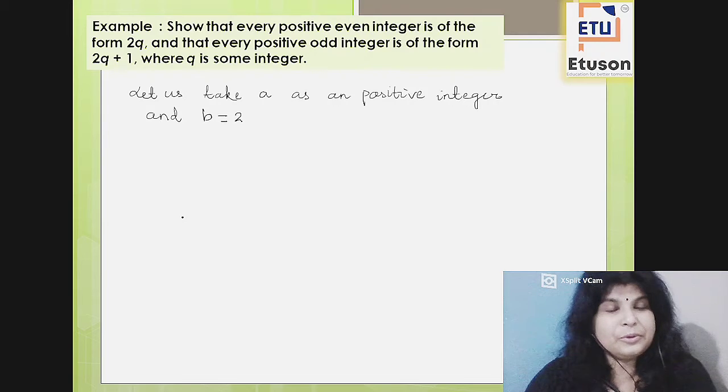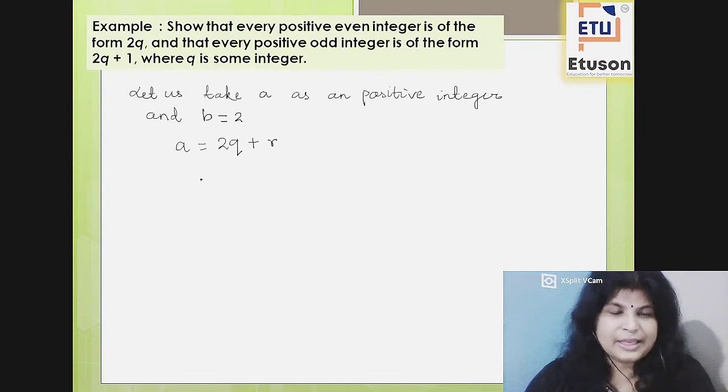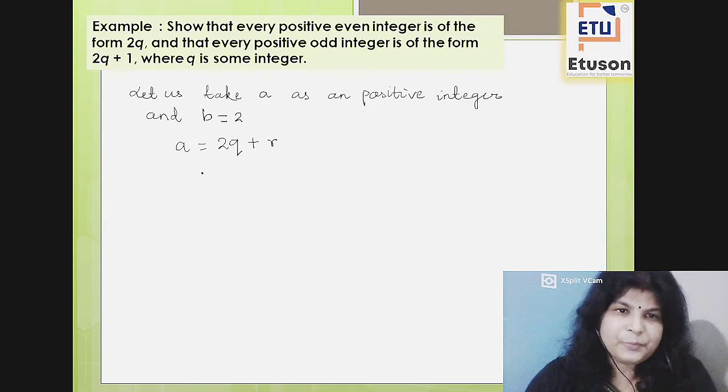So according to Euclid's division lemma, what can you write? You can write a is equal to 2q plus r. Correct or not? a is equal to 2q plus r. Now this r value lies between 0 and 2. What do you mean by that? It means that r can be equal to 0 or r is equal to 1.